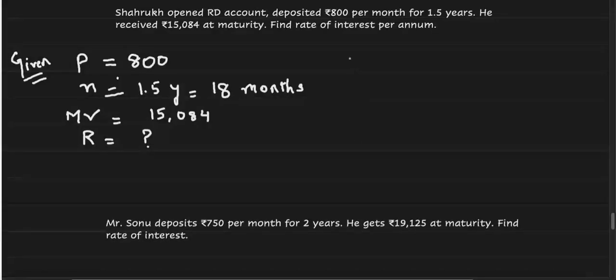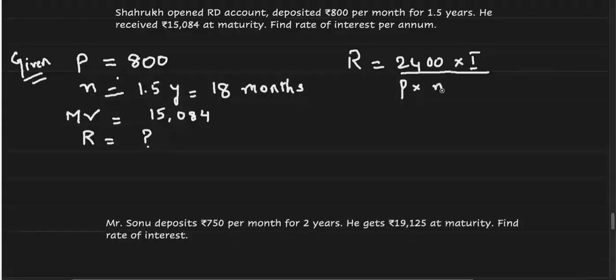So let's find R equal to 2400 multiplied by I divided by P into N into N plus 1.